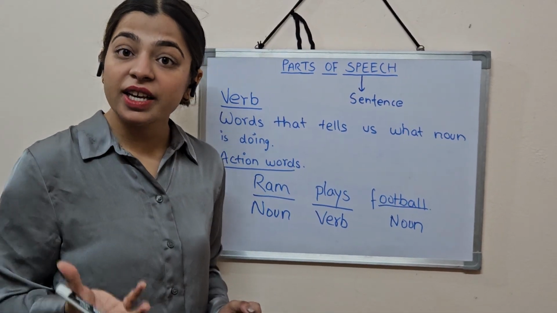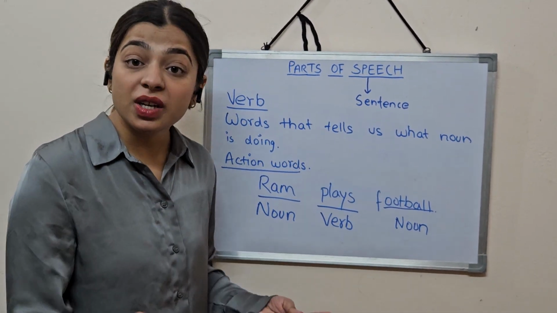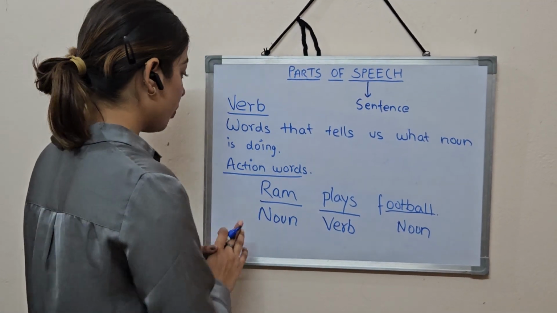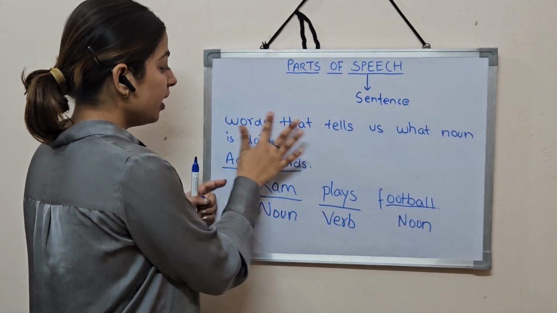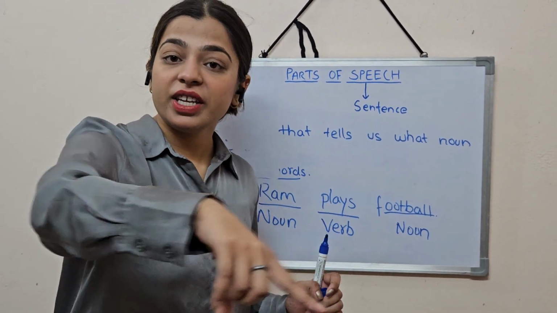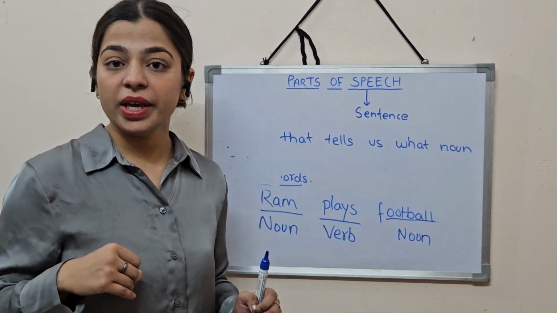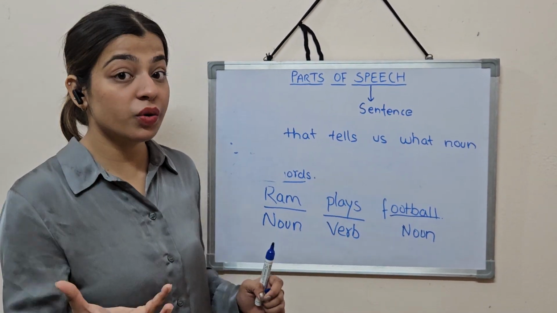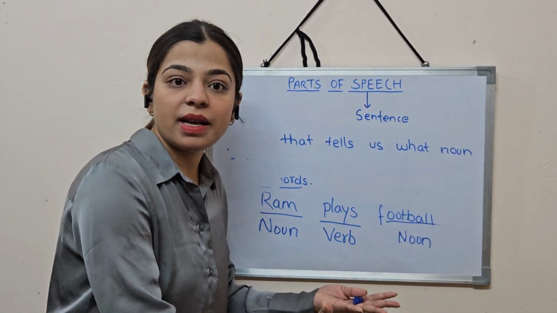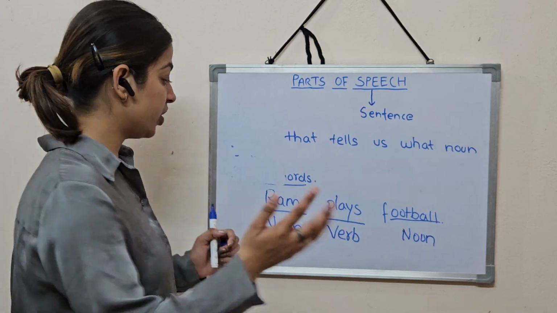What is he doing? He is doing an action which is playing. So plays is the verb here. You know what? In English, everything is around the nouns. Action word, which is verb. How do we define it? When a noun does something, it is an action word, which is verb.